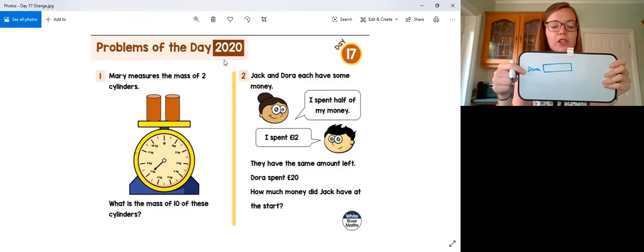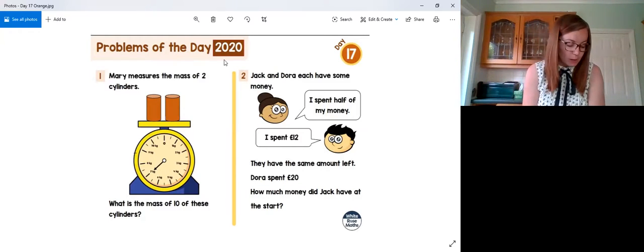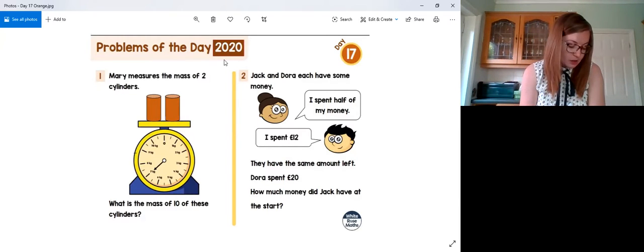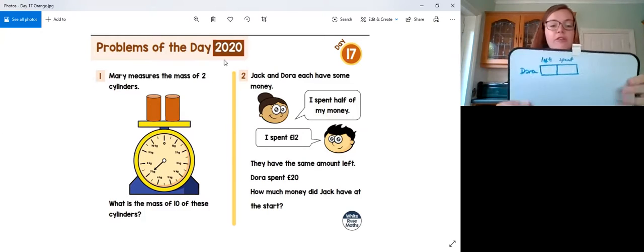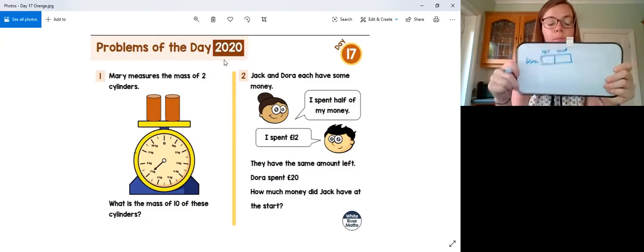Well, what do we know about the fraction half? It means cutting into 2 equal groups. So I'm going to put a line down the middle so that we've got what Dora spent and what Dora has left. So what Dora spent, what Dora has left, and they are equal.